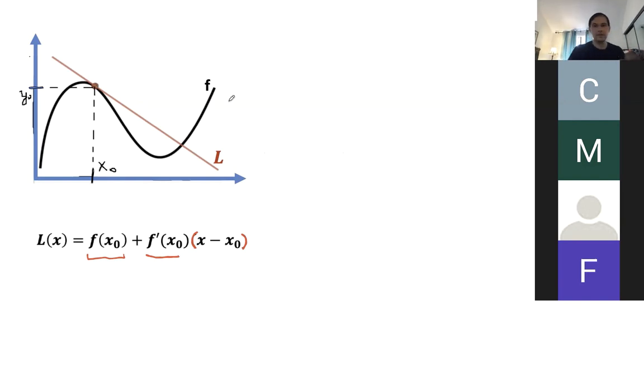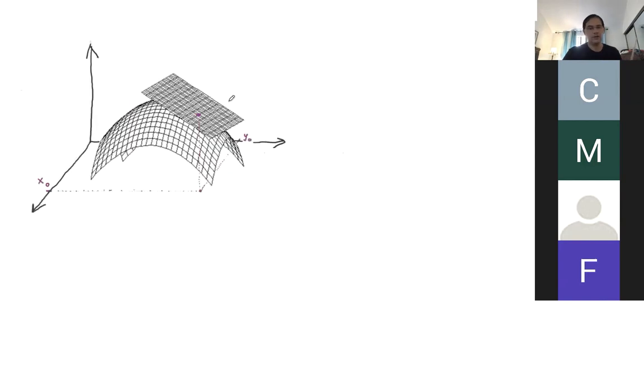So let's do an analog of this in the two-dimensional case. You take a function f of x, y, and now I can compute two things. I can compute the derivative of this function f with respect to x, which is a function of x, y as well.